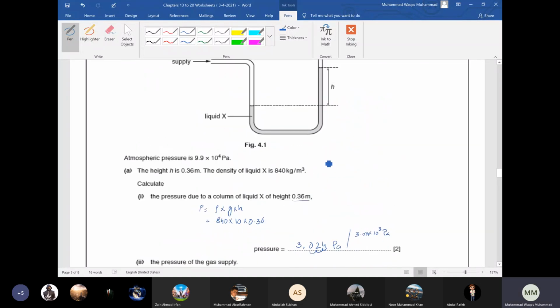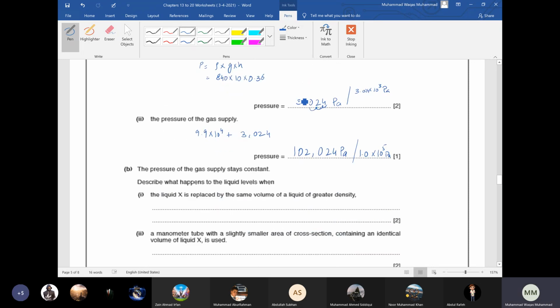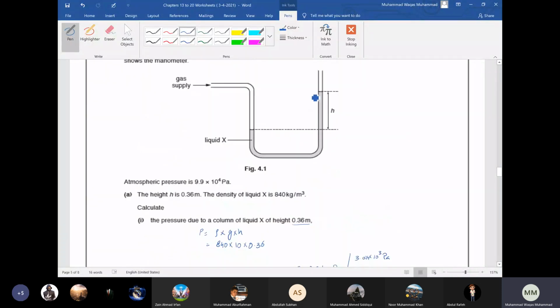Now beta, same volume of liquid of greater density means, first of all, the gas pressure stays the same, right? Right or wrong, beta? Yes. Now X is replaced by the same volume. Volume of the liquid is the same but of greater density. If we use the same volume of liquid with greater density, then beta, what will happen?